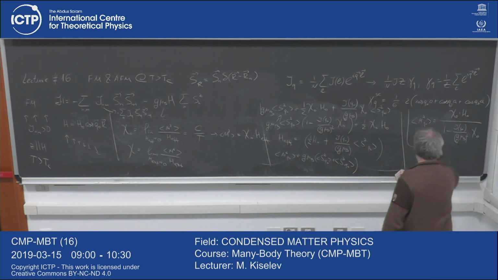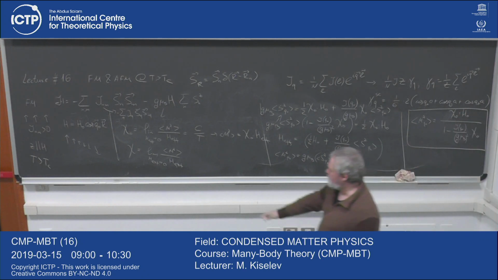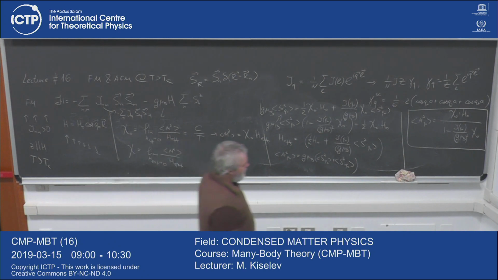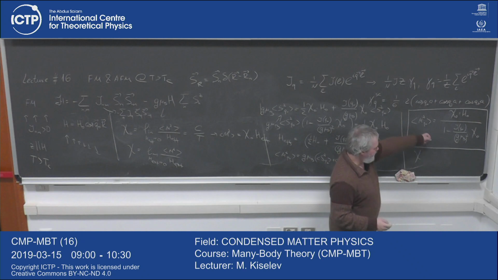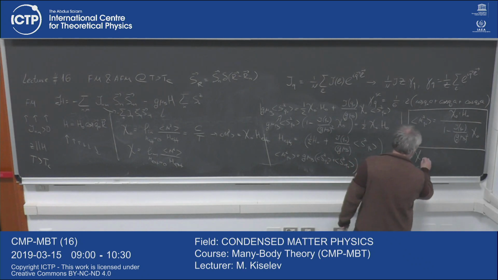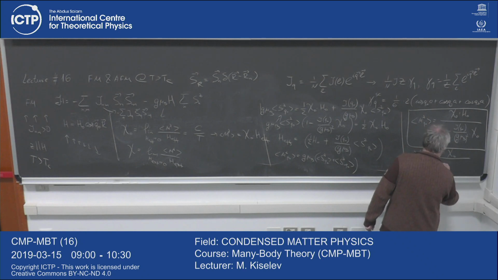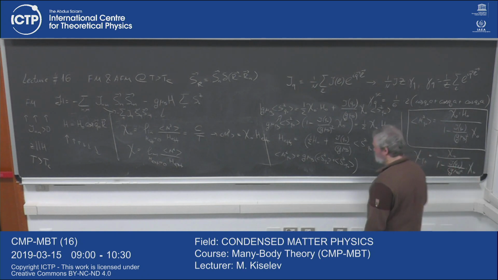So this is a magnetization, and if I now take a limit of external field goes to 0, I will get susceptibility chi, which depends on the wave vector q node, is equal to chi node over 1 minus g q node divided by g mu bar square times chi node.